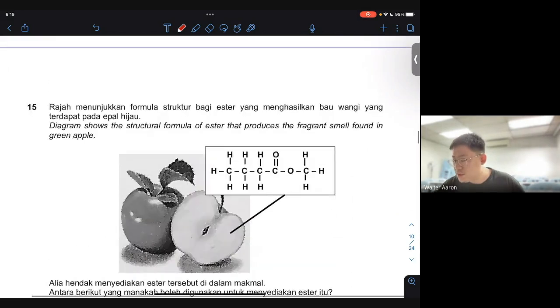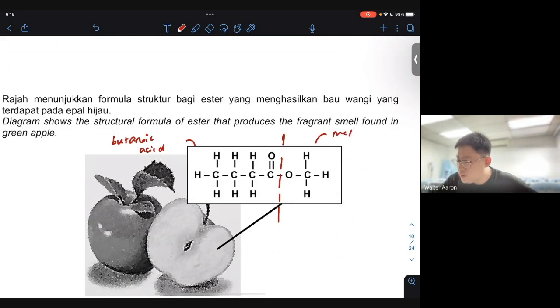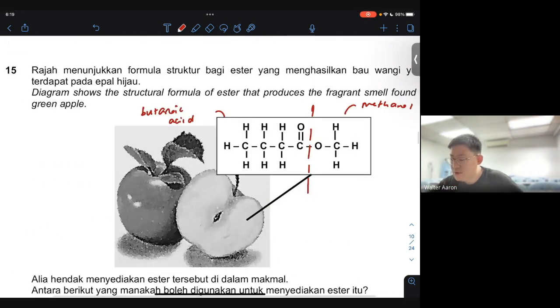The branching point between the alcohol and the carboxylic acid is located over here. The left part is a butanoic acid, and on the right side this is supposed to be methanol. So if you mix butanoic acid and methanol, you'll be able to get your ester. Very simple.